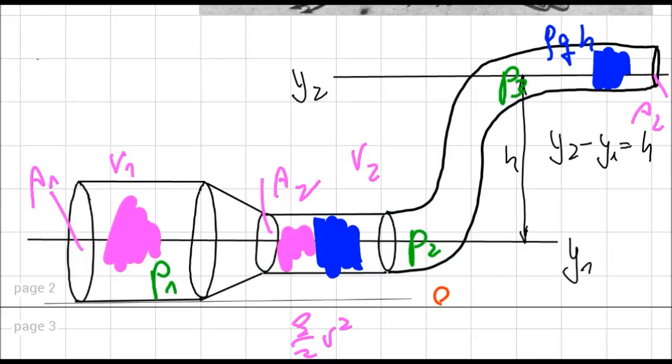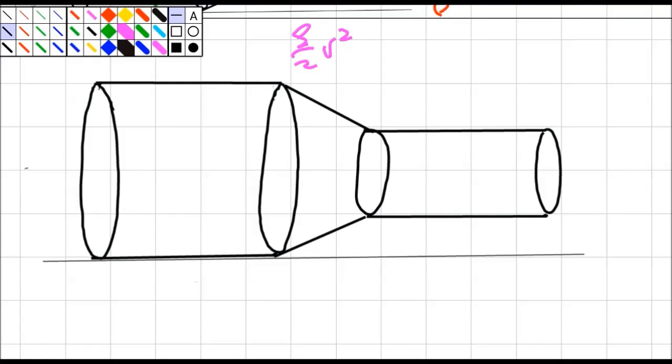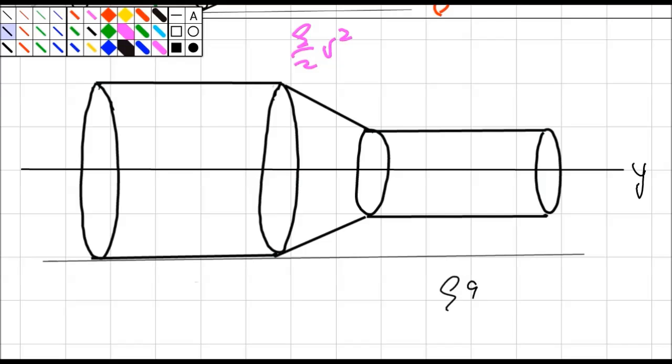Now in aerodynamics, the situation is a bit easier. We have here one height, which we still call y, and since there's no change of height for the time being, there's no change of potential energy, so our rho g h becomes 0. Now our whole equation becomes a bit simpler.